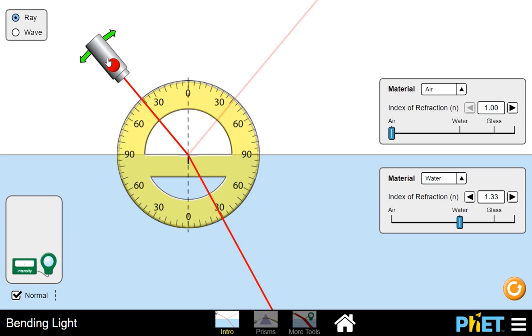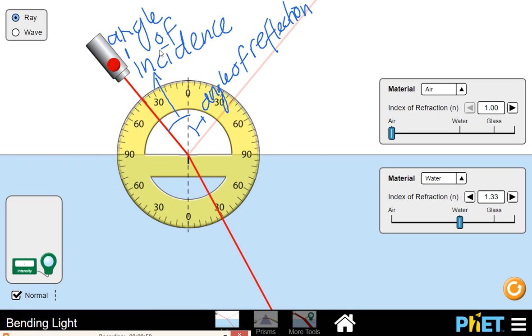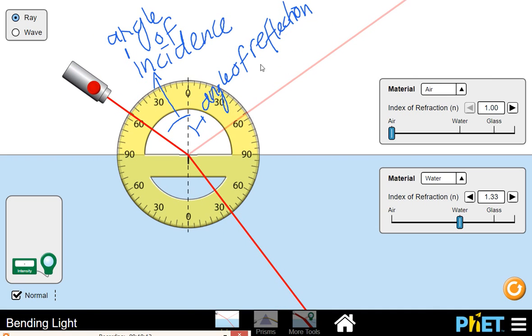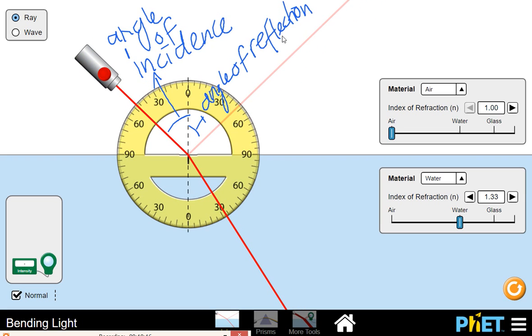So this tells us something remarkable about the law of reflection. I've noted it down here, so this way you can see the angle of incidence and the angle of reflection. If I increase the angle, then the angle of reflection increases. If I decrease the angle of incidence, then the angle of reflection also decreases.